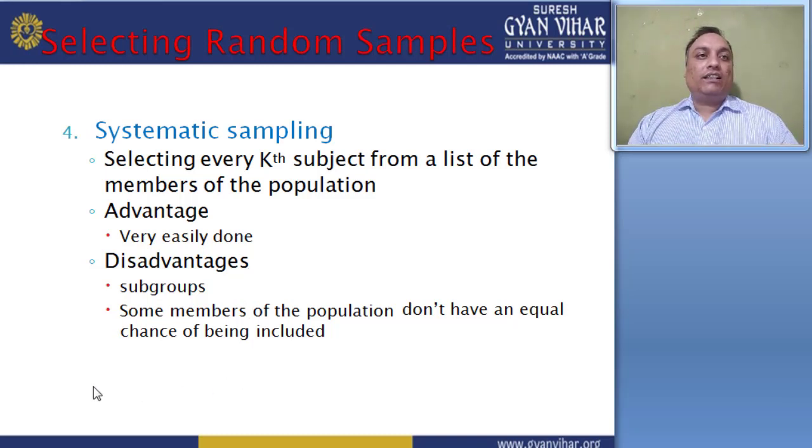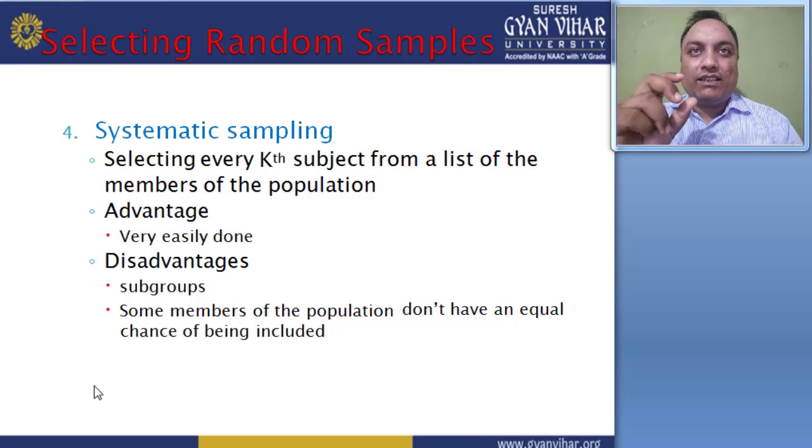But the disadvantage is here: the whole population is divided into subgroups. So this is a very difficult task, and some members of the population don't have an equal chance of being included. One very big thing is hidden here.